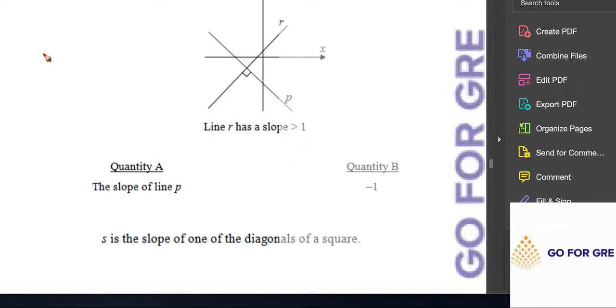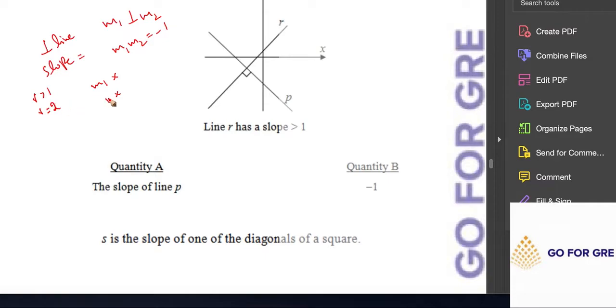Here the property is: if line m1 is perpendicular to m2, then their slopes satisfy m1 times m2 equals -1. So the slope of line r is greater than 1. Let's say m1 is 1, it must be multiplied with, say, 2 if it is greater than 1.